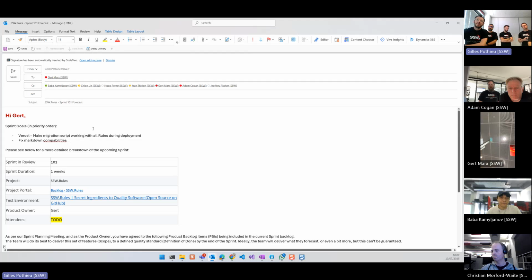The sprint goals for the next sprint are to make that migration script work on Vercel during deployment, and to fix Markdown compatibility. We made a bunch of PBIs with Gert about this one.